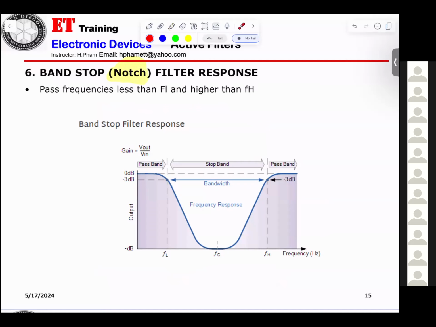That means any signal lower than F low or higher than F high passes. Okay? The signal inside between F low and F high will be blocked. Just opposite.